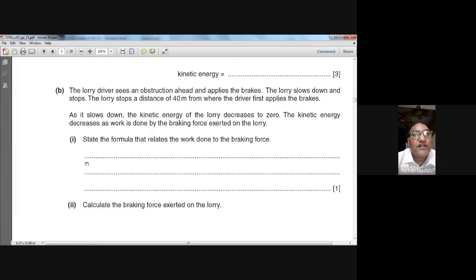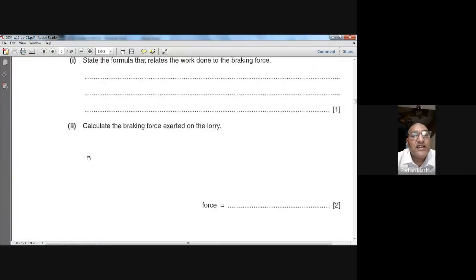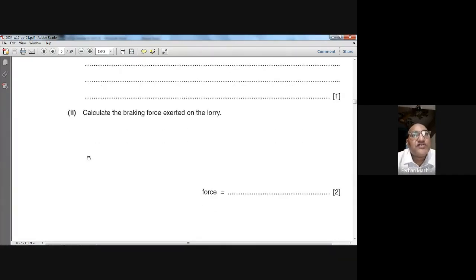The next question, I will show my work also, but let's move to the next part. It says calculate the braking force exerted on the lorry. The work done by the braking force is equal to the change in the kinetic energy. You change the kinetic energy from 8.8 × 10^6 joules to 0.